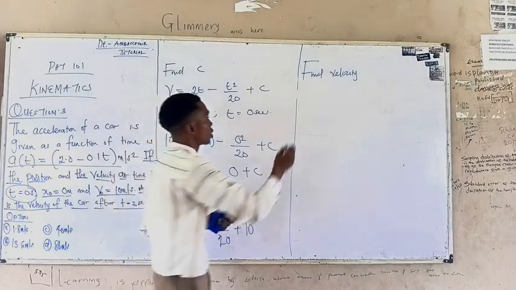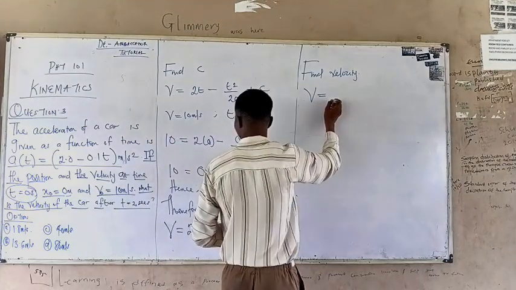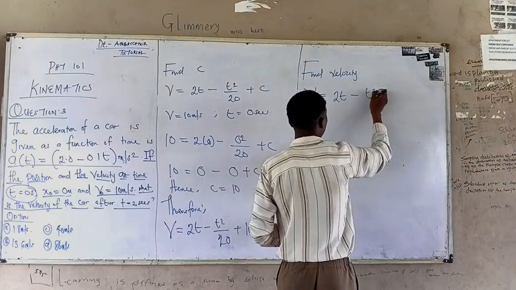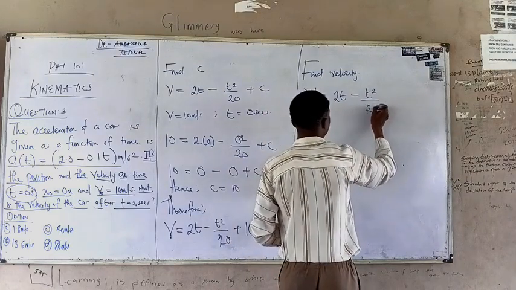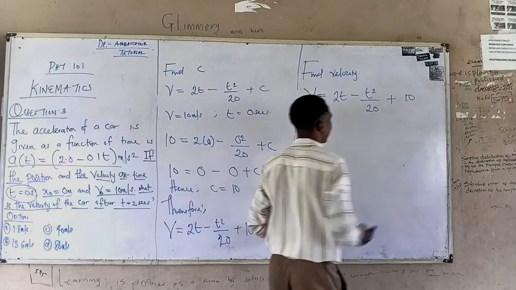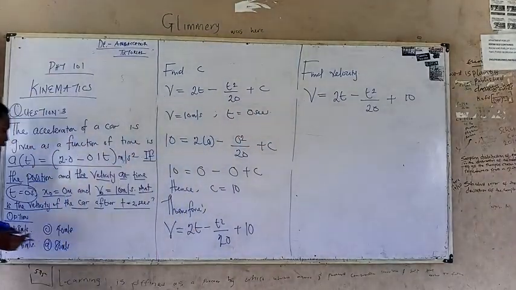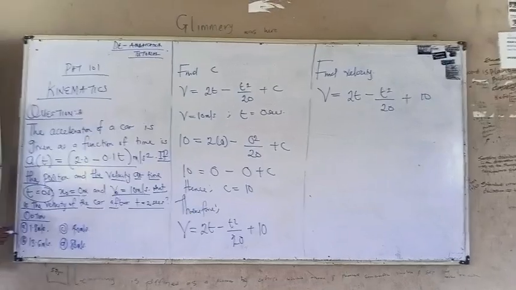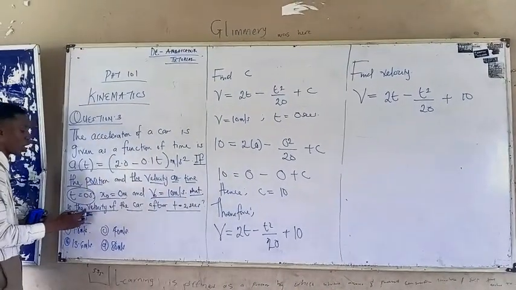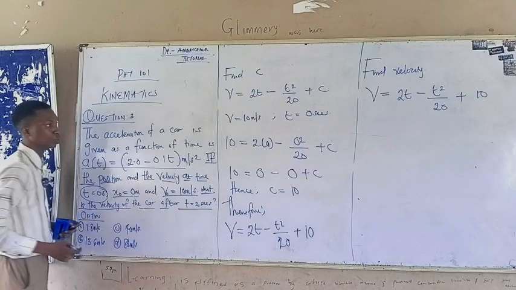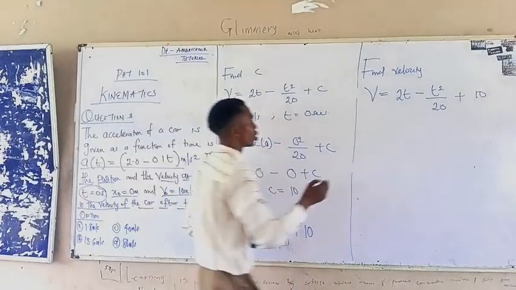Since we know that the velocity formula is v equals 2t minus t squared all over 20 plus 10. If you read our question carefully, you would have seen it was stated: what is the velocity of the car after t is equal to 2 seconds. They give us the value of time.